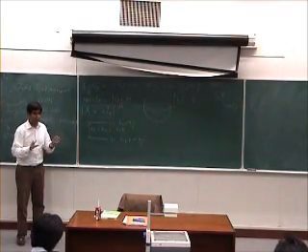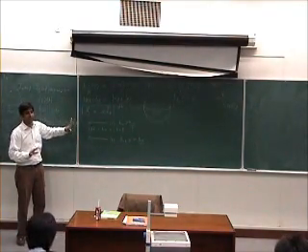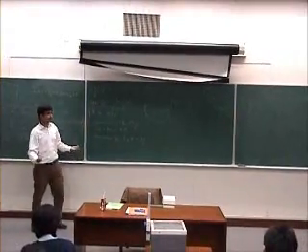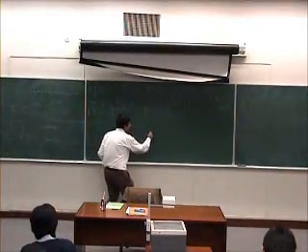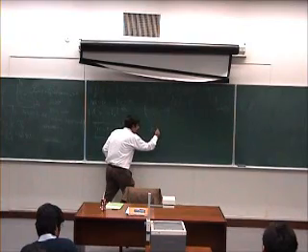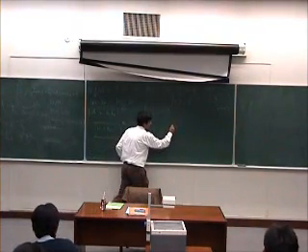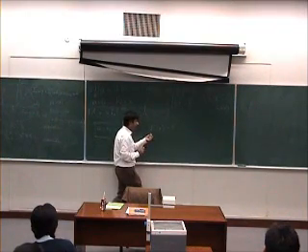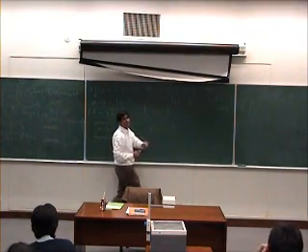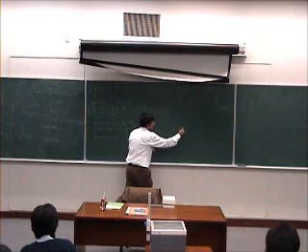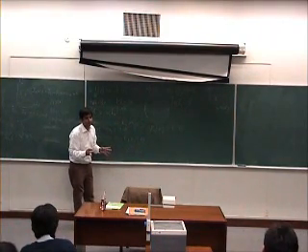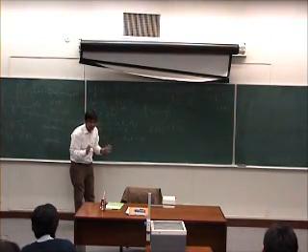Agreed? So this is something that we know from lecture number 1. So what is the Hamiltonian operator? The Hamiltonian operator is such an operator which, when acts on a state psi, gives you the energy of the system which exists in that state. So this is the definition of the Hamiltonian. Agree?